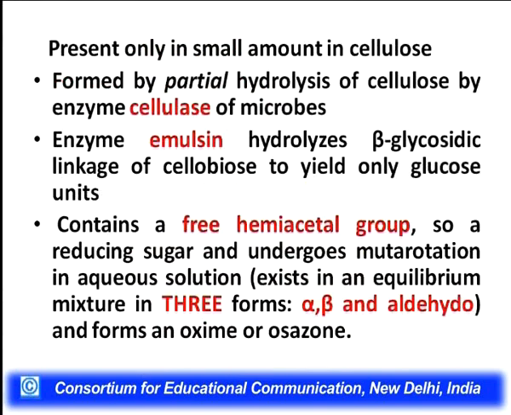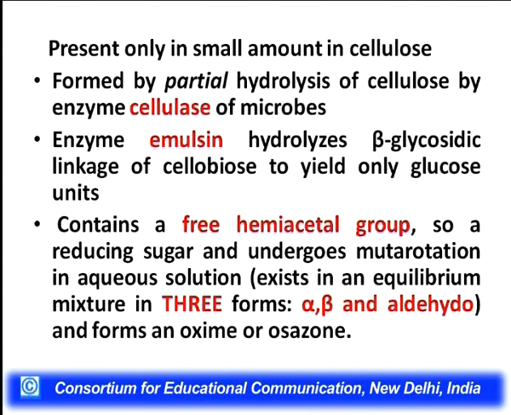So how is this cellobiose obtained, or from where is it obtained? Cellobiose is present in very small amounts in cellulose, and it is formed by partial hydrolysis of cellulose by the enzyme cellulase present in microbes. And it is the enzyme emulsin which hydrolyzes the beta glycosidic linkage of cellobiose to yield only glucose units.